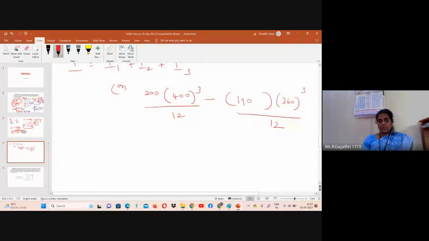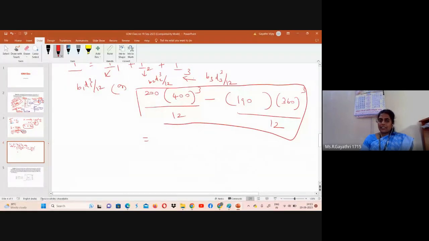Okay, you can use this method also. You can use anything. Here I1 is equal to B1 D1 cube by 12, here B2 D2 cube by 12, here B3 D3 cube by 12. You can use this method or you can use this method.